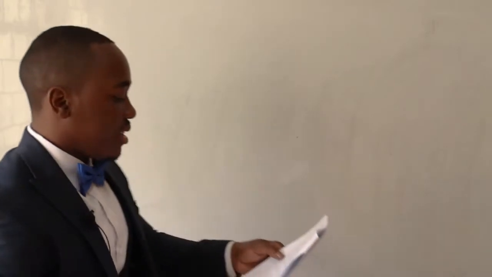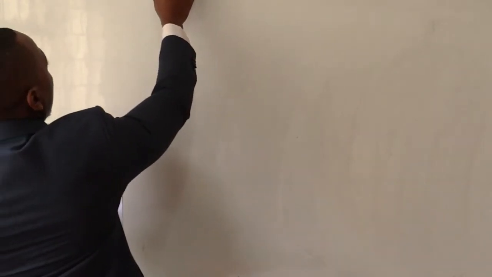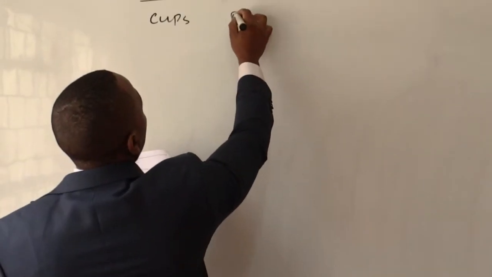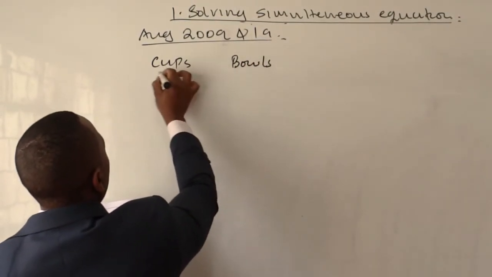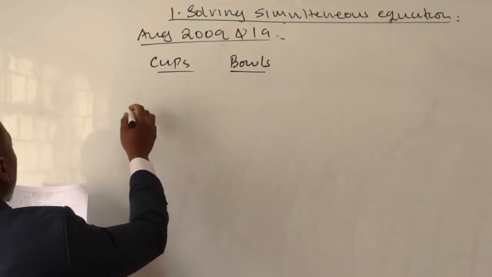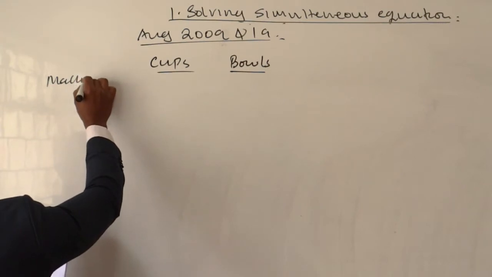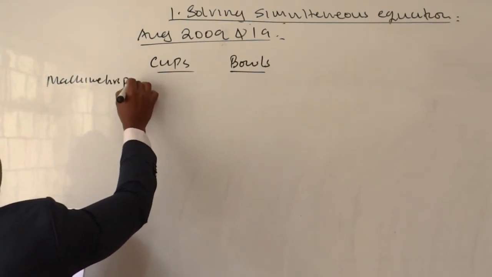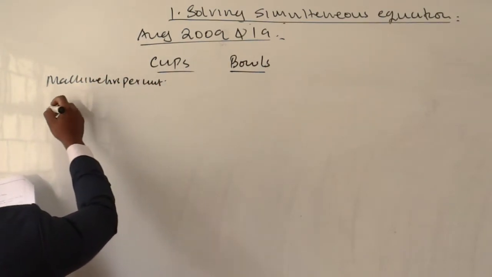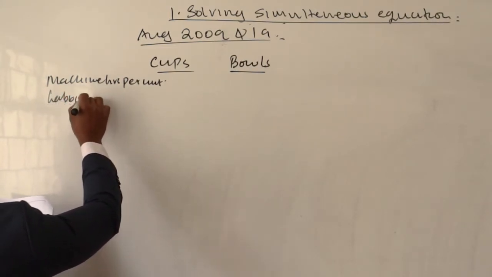So, that question for August 2009, question 1, said that Utensil Limited is in the production of cups and bowls. The production requires machine and labor input as follows. We are given cups and bowls. You have machine hours per unit and labor hours per unit.